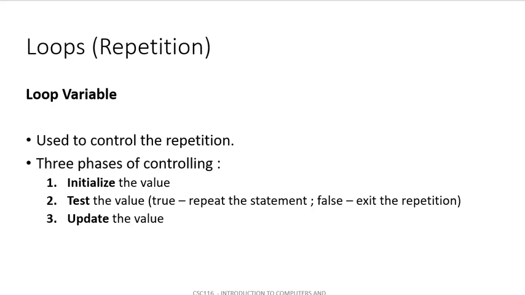Later I'll show you the example. And then the third one is update the value. Test maksudnya kalau nilai tu bertepatan dengan kehendak sama ada perlu repeat, dia akan repeat. Kalau false, dia akan exit, ignore the statement. Dan last sekali, update value.